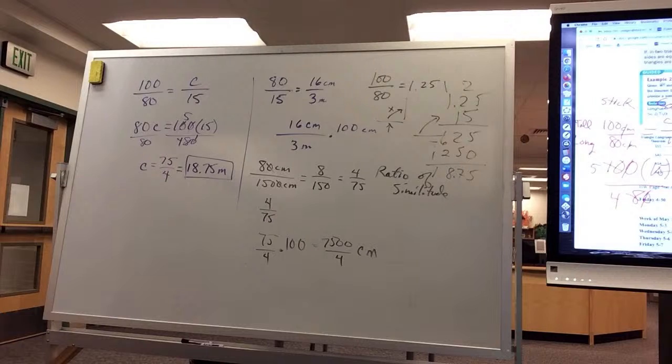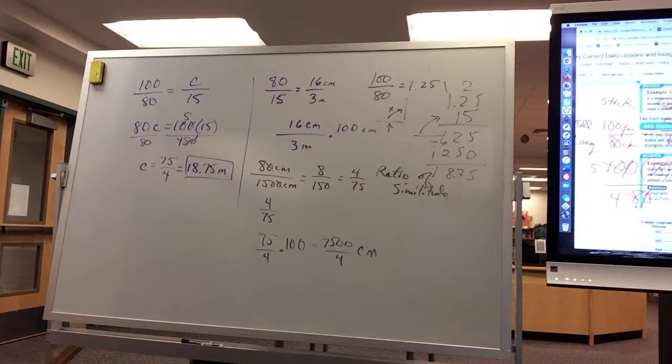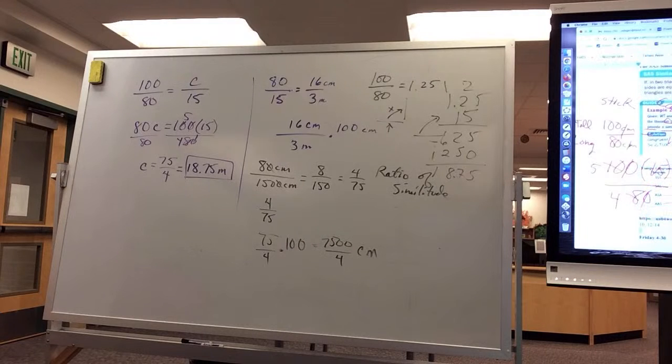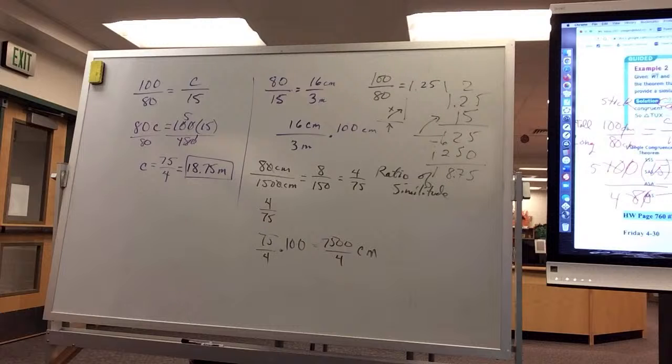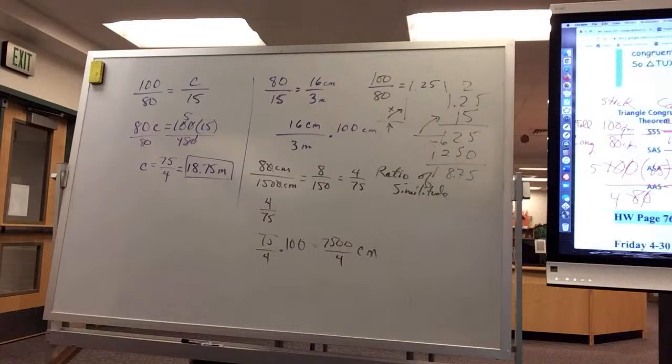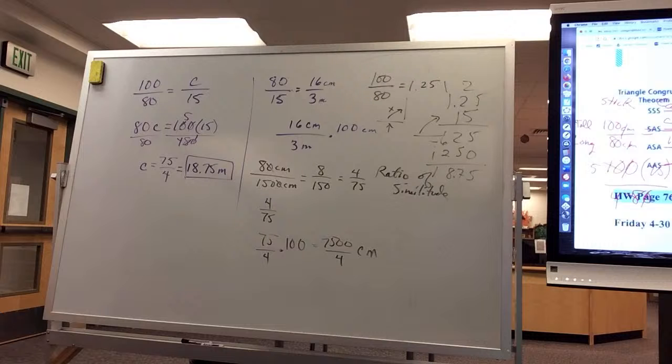Well, I've got 9, 10, and 12 through 14. But we can do that tomorrow. Yay, birthday boy. 2 through 7 on which page? Page 760, I think. I don't have anything in for tomorrow anyway.